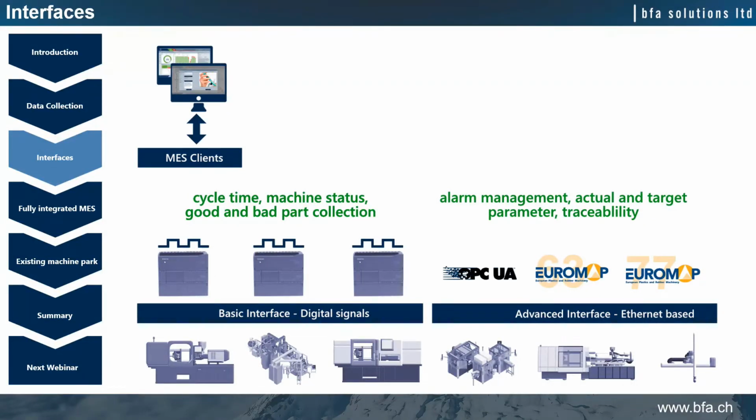The data visualization and further processing can take place via a host of different devices and platforms. We have the MES client, which typically is installed in office workstations, for example, for the production manager or the quality manager. We have mobile devices offering a fast and accessible information overview. This can also be used as a shop floor input device for downtime selection.